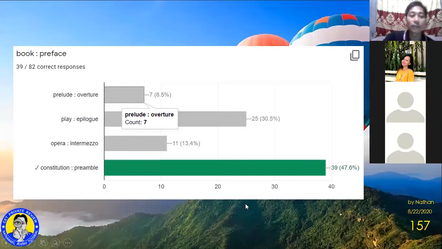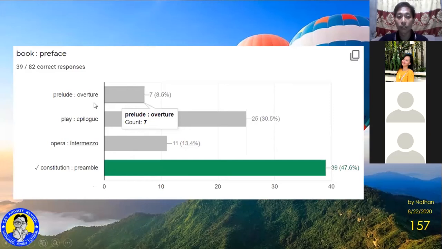Right. We have another one. A book, preface. Whenever you open a book, the first words that you will see is the preface. So that's sort of an introduction to a book, and it's the same with a Constitution. Whenever you open a Constitution, the first words that you will see there is the preamble.